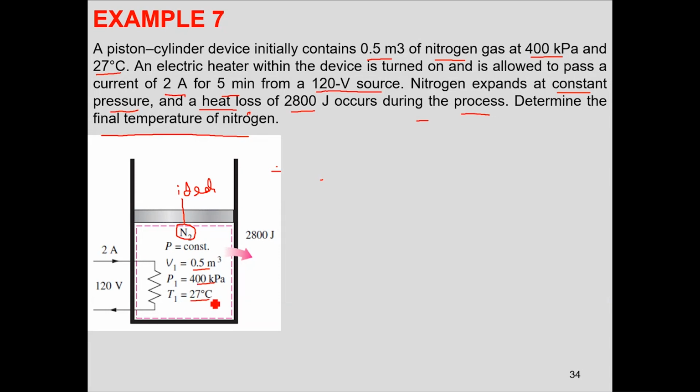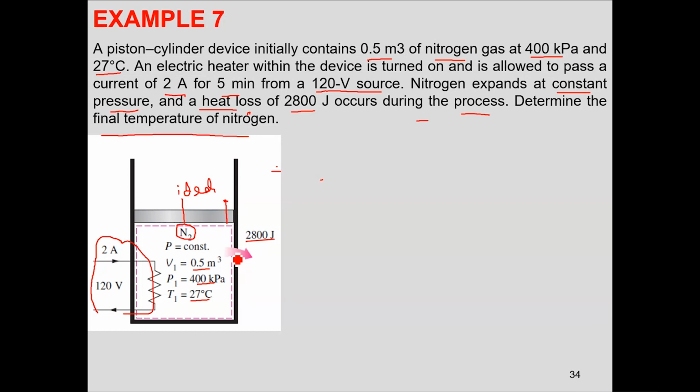And as electrical work is being done on the system due to resistive heating, there is some boundary work associated with the movement of this movable boundary or piston, and at the same time there is some heat which is being lost to the surroundings from the system. This is the information given to you.